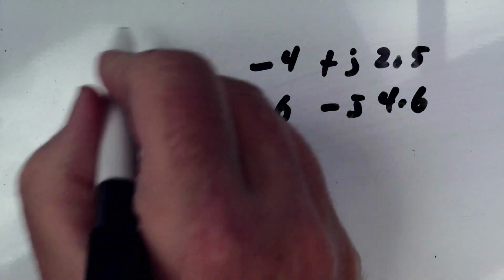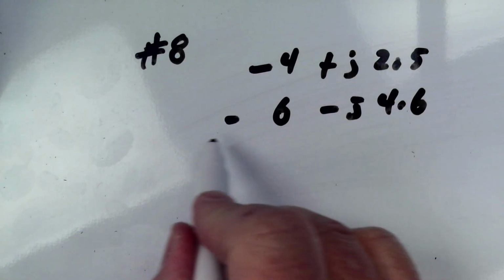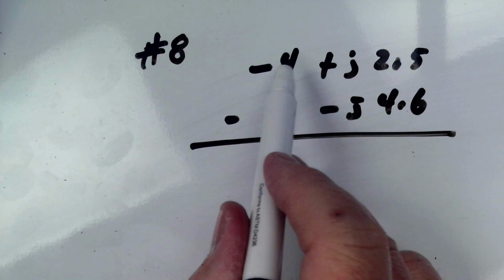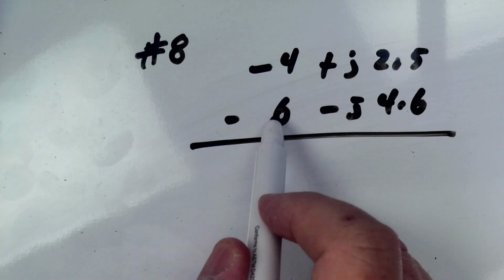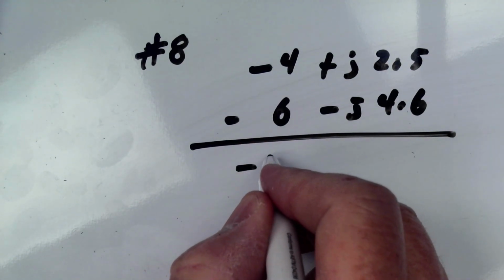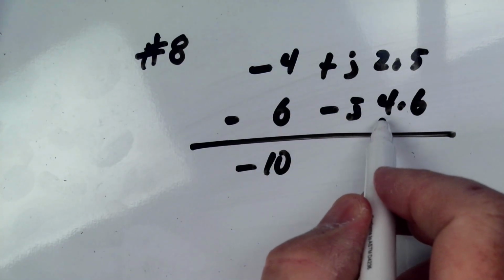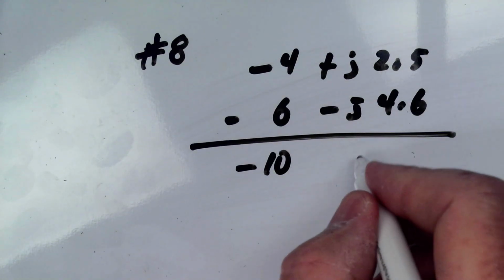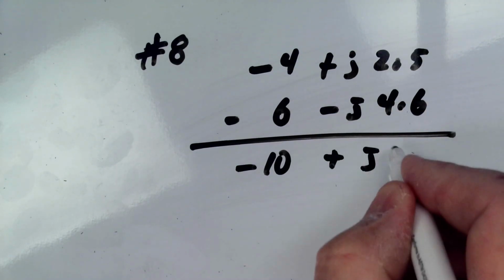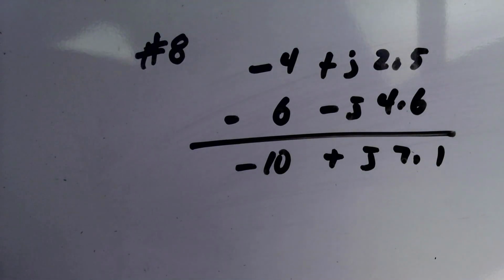Okay, so this is number 8 on the homework. Negative 4 minus 6 is negative 10, and then 2.5 minus a minus 4.6 is plus j7.1. Okay?